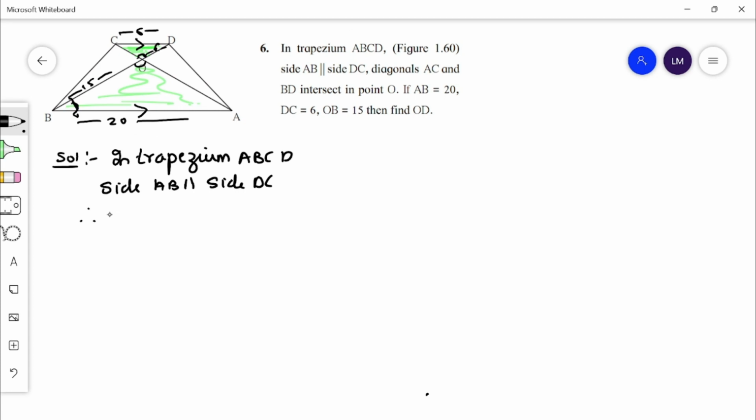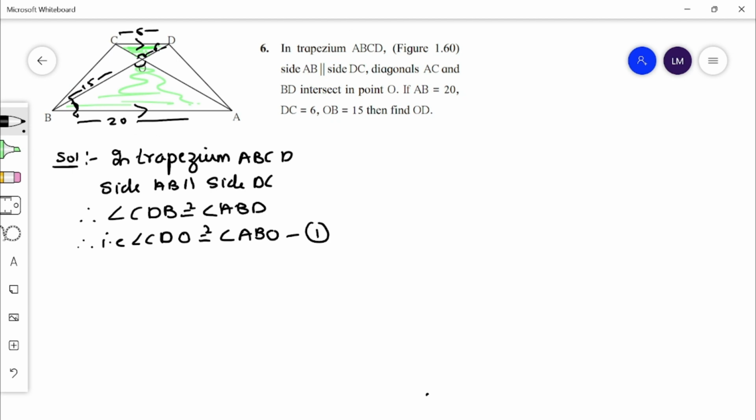So we can write angle CDB is congruent to angle ABD. But we are limited to the triangle only, right? So instead of B we can write O: angle CDO is congruent to angle ABO. This we can take as equation number 1.